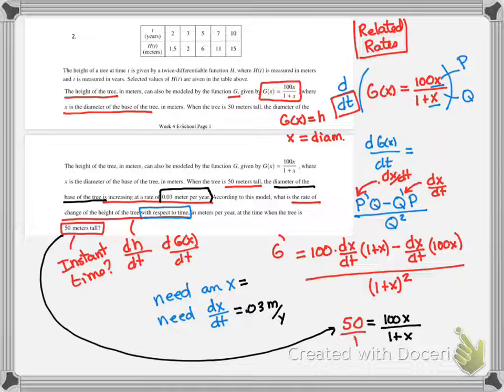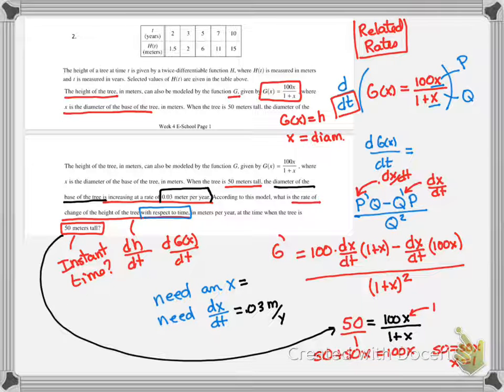So I could cross multiply: 50 plus 50x equals 100x, subtract 50, 50 equals 50x, x equals 1.